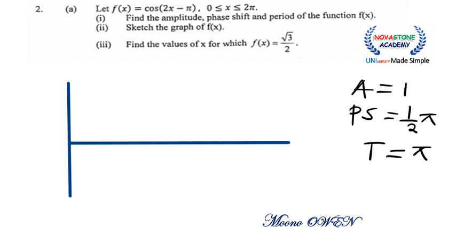The amplitude is 1, so this graph is going to be between 1 and negative 1. Then this will be 0. Okay, now if you look at the function itself, it's positive.